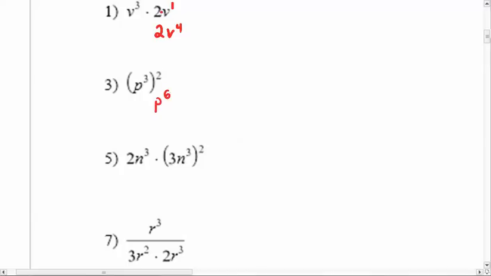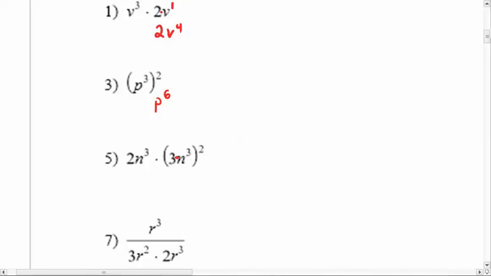All right, let's do one that combines the last two ideas. We always follow PEMDAS, so I'm going to do the parentheses first, the parentheses with the exponent on the outside. Again, we're going to be multiplying the exponents. Now again, please note, just like in number 1, 3n cubed is 3 times n cubed. This is multiplication, and when I have multiplication, the squared has to go to both the n cubed and to the 3.